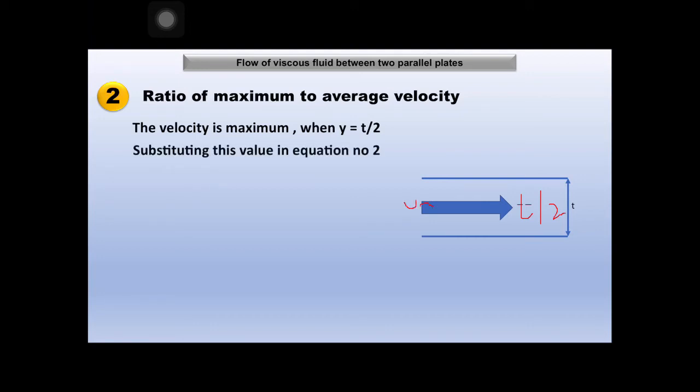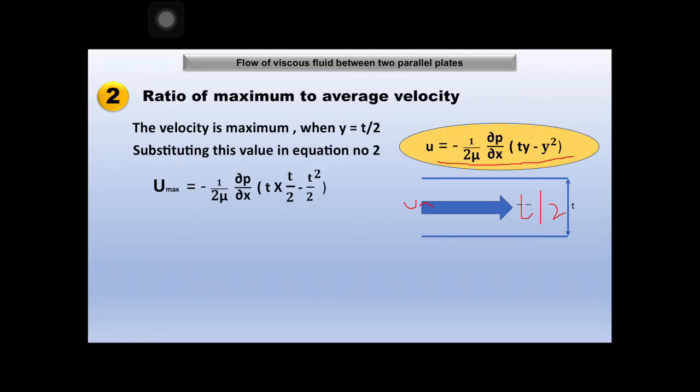We'll substitute this value in equation number 2, that is the equation of velocity distribution. So here u max will be equal to 1 by 2 mu into delta p by delta x into t into y. Y will get replaced by t by 2 here, and y square will be replaced by t by 2 whole square.